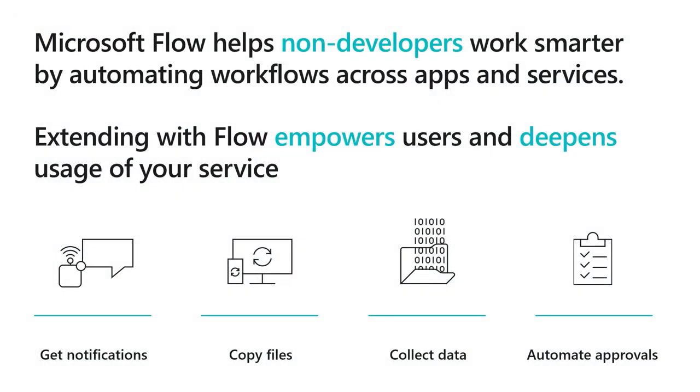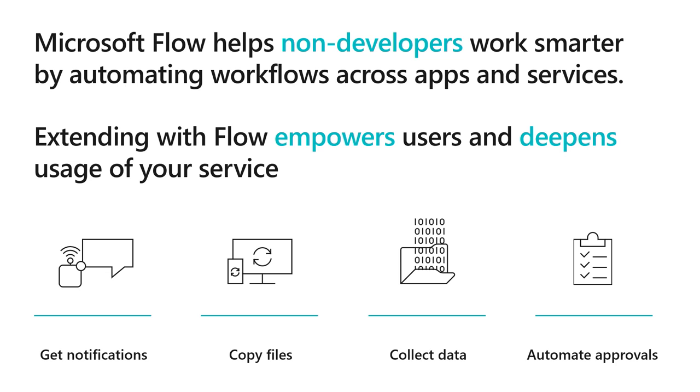So what is Microsoft Flow? Microsoft Flow is a product that helps non-developers work smarter by automating workflows across apps and services. Extending your application with Flow empowers your end users to build automations with your service and other services that they use.